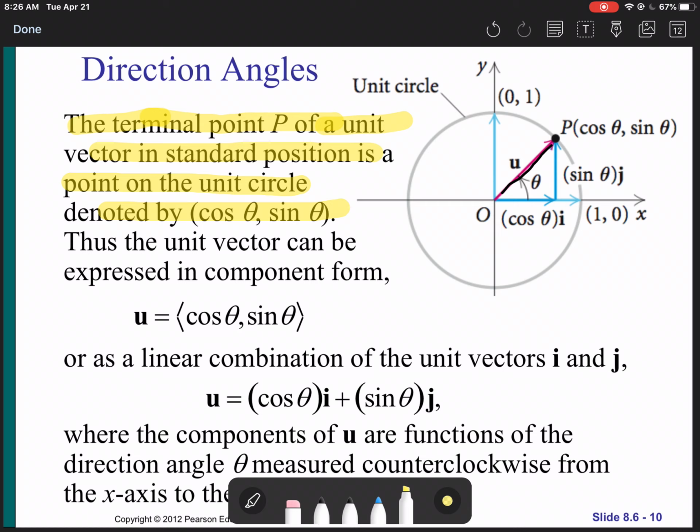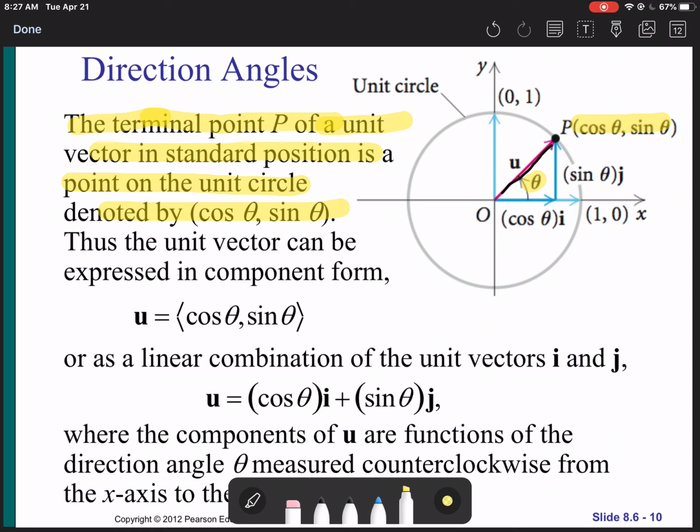Now this will tie back to some of the things we've talked about, back to our unit circle connection or definition with our trig function values. All right, so since vector u is a unit vector, its magnitude is 1, then that terminal point would lie on the unit circle. And if you remember back to our unit circle, the points that lie on the unit circle, they have x and y coordinates that correspond to the cosine and sine of the angle theta in standard position.